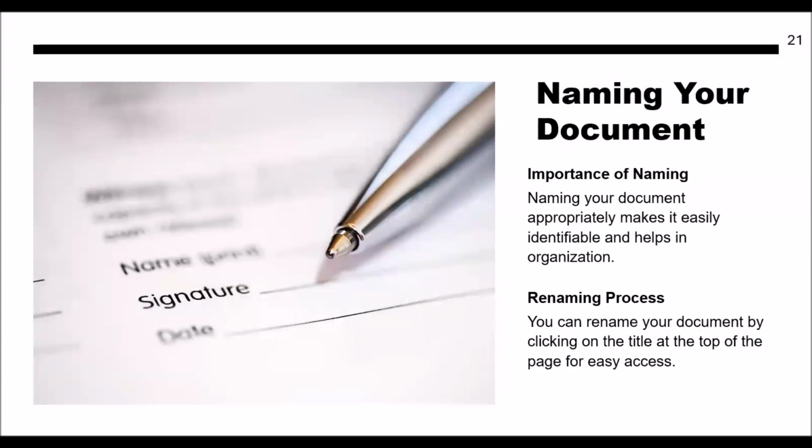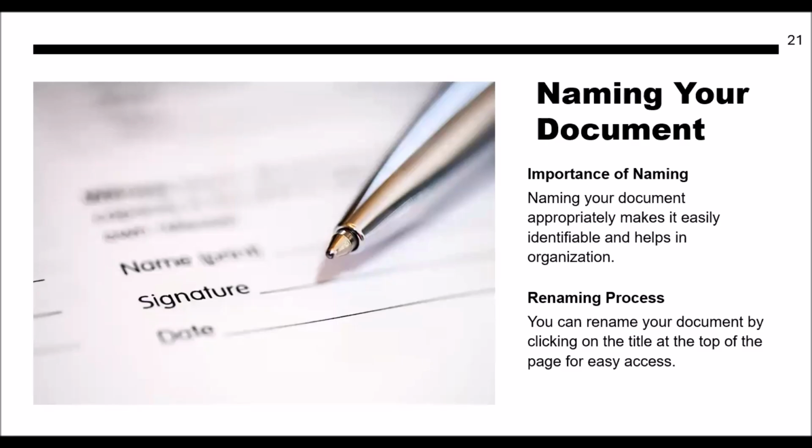We all know how important it is to name a document properly so you can find it. I put the year, month, day, and then a title or a subject of what the document is about. I find that is much easier, both on Windows and on Google Drive, to sort them by date or by name.